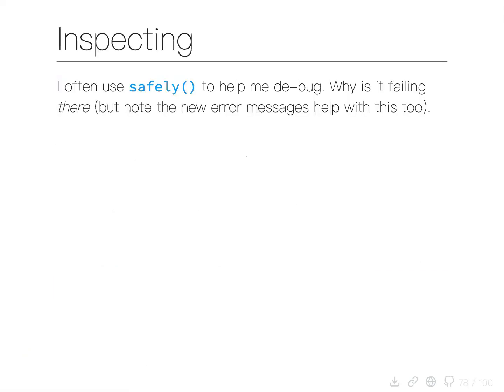So, as I said, I often use safely to help me debug. Why is it failing there? Why is it failing in the fifth one and not any of the other ones? The new error messages help with this too. So the way that I typically do this is I first create a new variable that I can use to filter where the errors are.